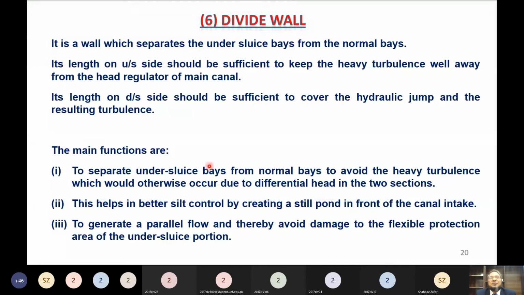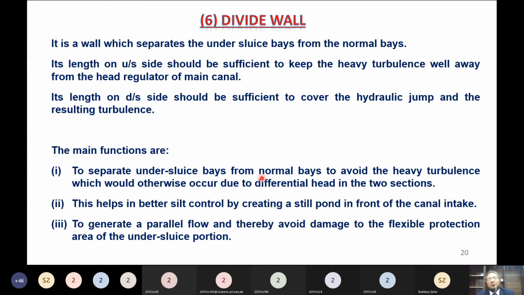What are the main functions of the divide wall? First, it separates the undersluice bay from the normal bay, because they have different depths of flow. For example, when there are low flows, we may close the undersluice bays and slightly open the normal bays, so there is flow on this side and no flow on that side.